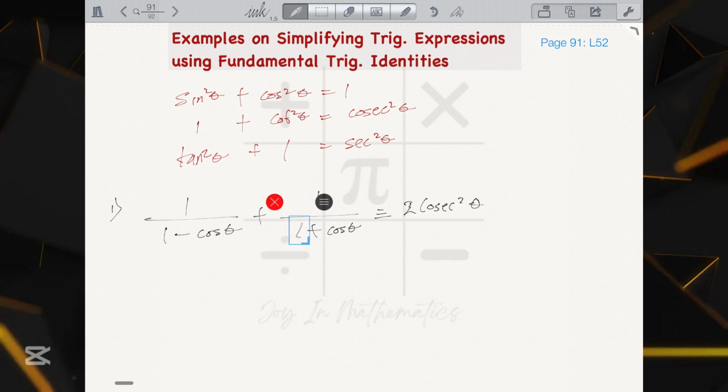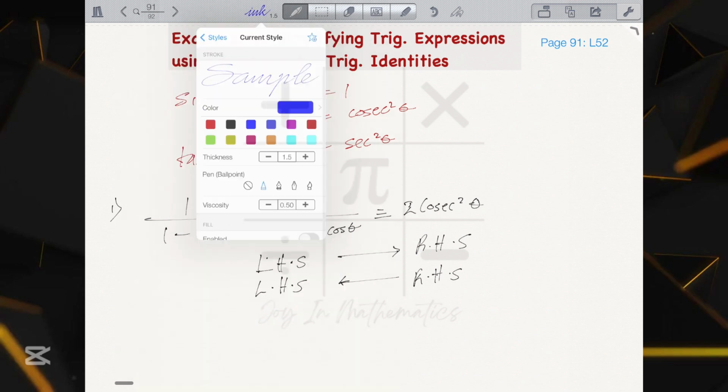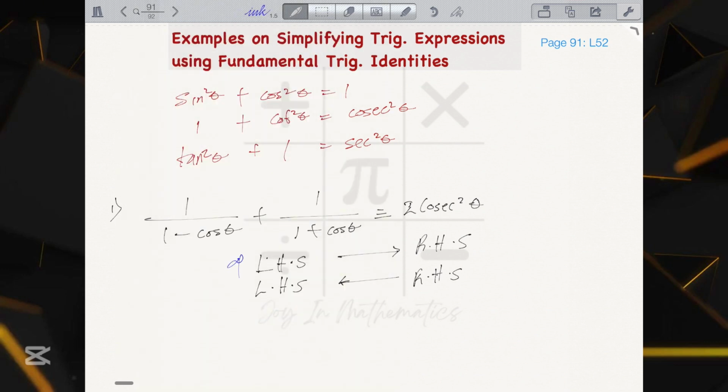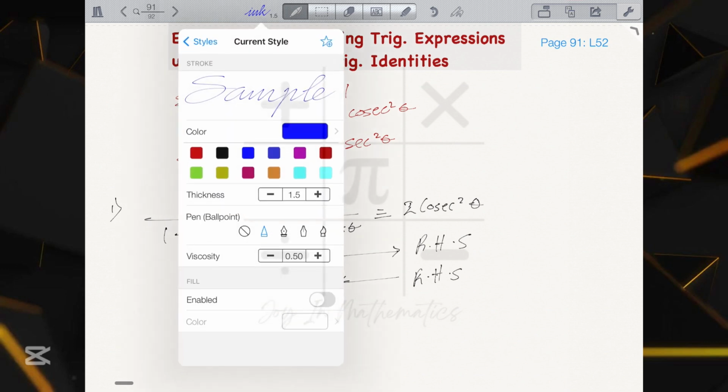The process is simple in such a way that we either start from the left hand side and derive directly to the right hand side, or move from the right hand side back to the left hand side. But the most common way is to go from the left hand side to the right hand side.